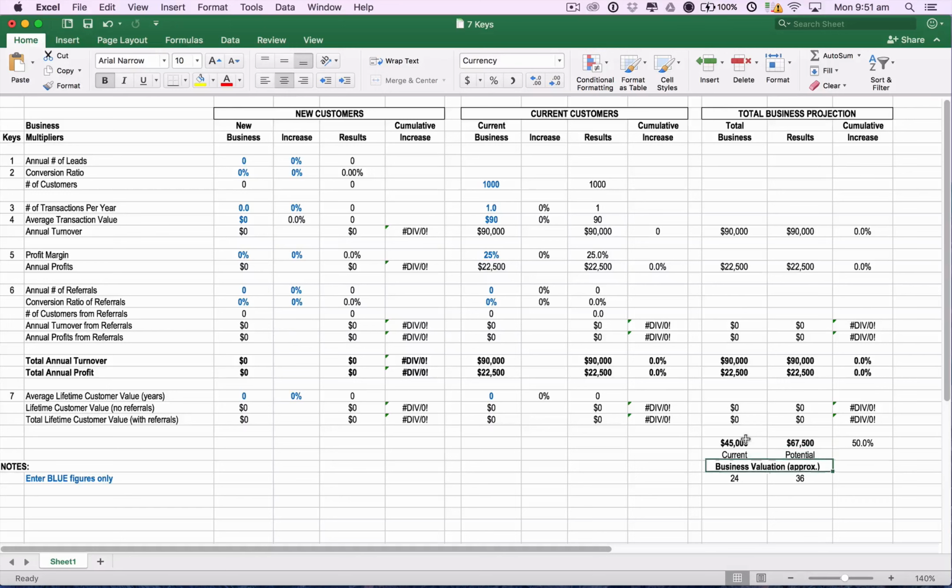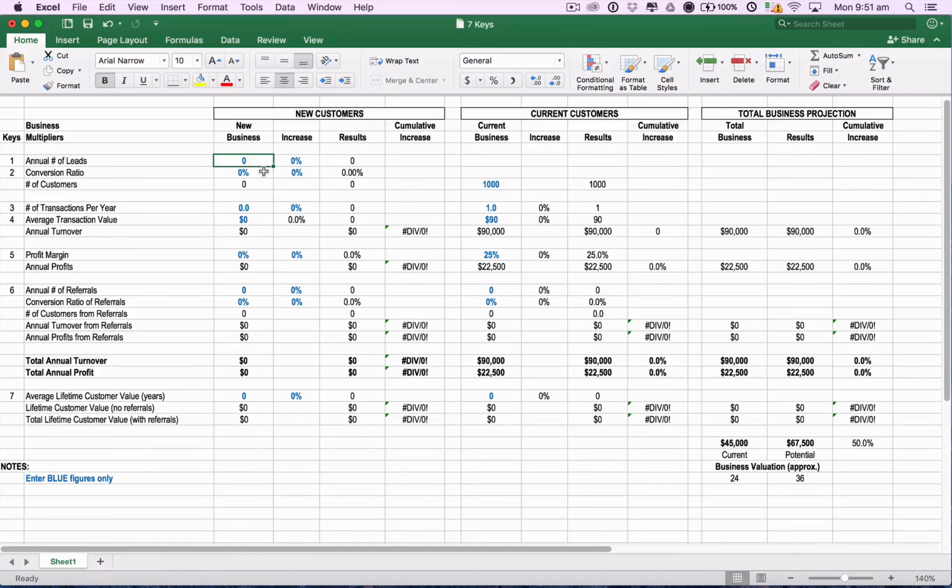At 36 months profit, you're at about 67,000. So most likely, if you were to sell this business, you'd probably get towards the low end, because you haven't really done a lot to improve it. When you start to do a lot more to improve it, you'll find that you can sell more towards the high end, which is part of what we speak about. So here's where this now starts to make a lot of sense. So that's your current business.